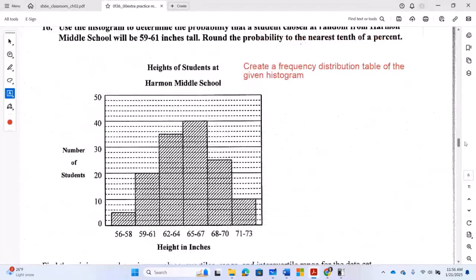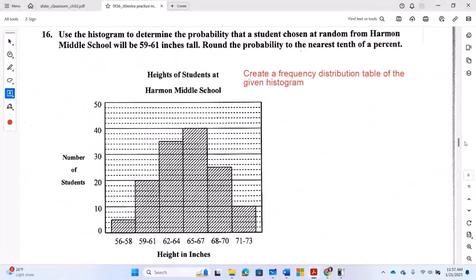So look at this data here. It says create a frequency distribution table of the histogram. And by the way, we don't know the original data, but you could be given this in a test, and you're told to complete a frequency distribution table, find the relative frequency, find the cumulative relative frequency, find the 5-number summary, a lot of things. You should be able to do this.